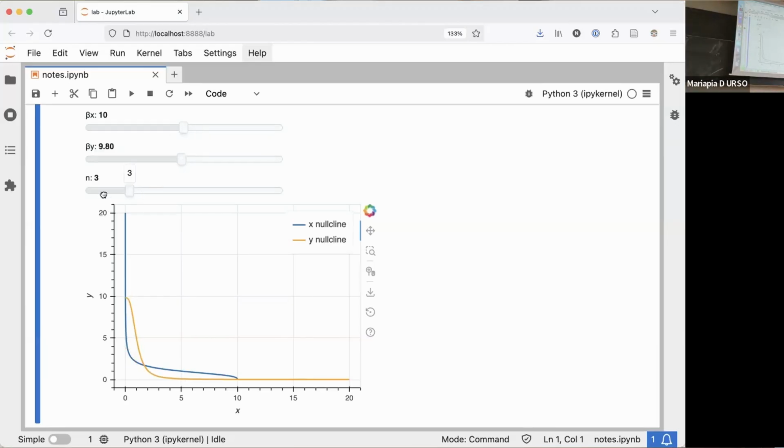Yeah, so play around with this also. If we're turning N down to 1, we come down to only one intersection of these. It's of course the 50-50 point.